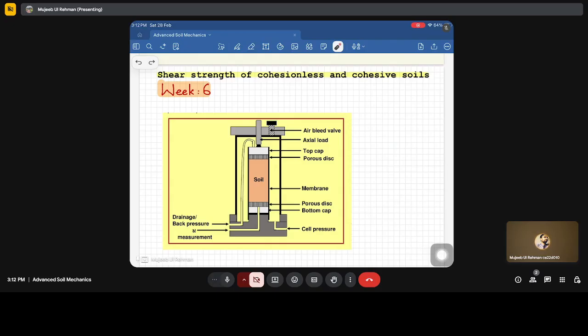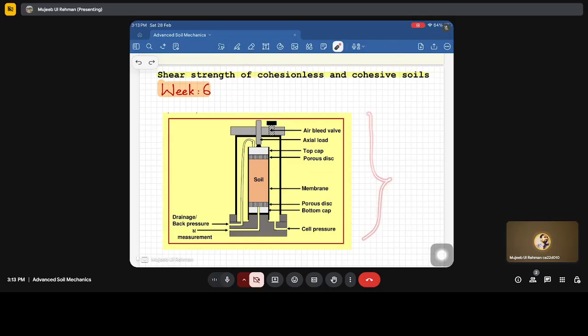But all the limitations of the direct shear test have been overcome in the triaxial test, where for whatever shear strength tests we are doing for soils, we have control over the drainage conditions, and whatever pore water pressure is generated during the test, we can measure that. And it is not material specific, we can do the testing on a wide range of materials, unlike in the direct shear test.